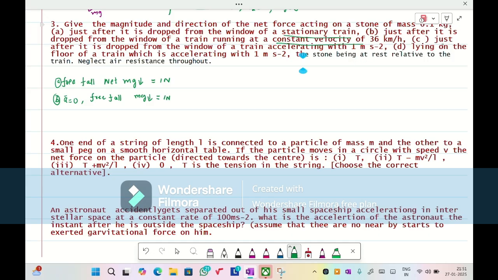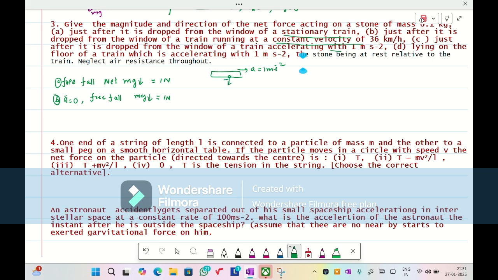Now option C: just after it is dropped from the window of a train accelerating. The train is accelerating like this, with a equal to 1 meter per second squared. Now I am dropping a stone here.